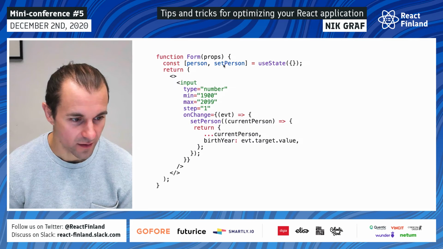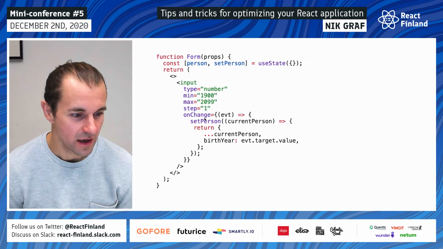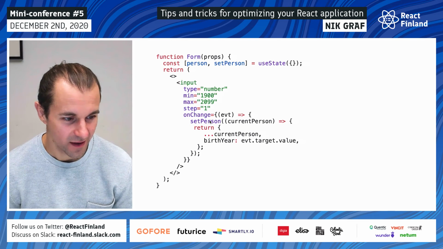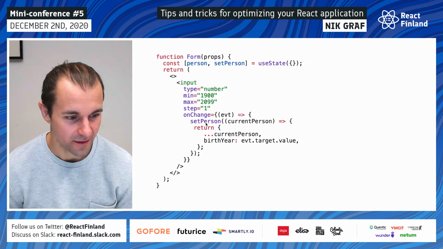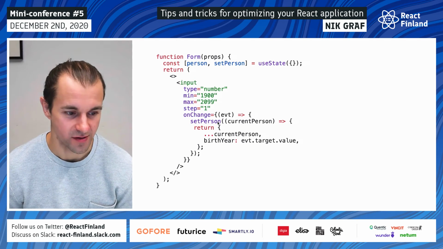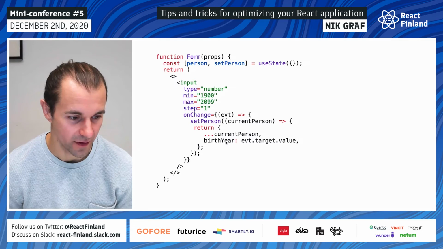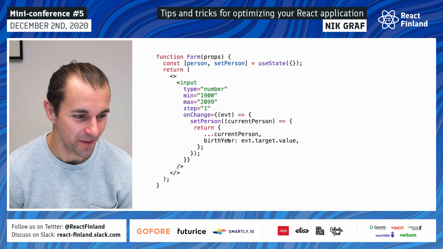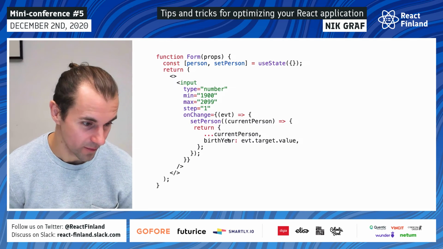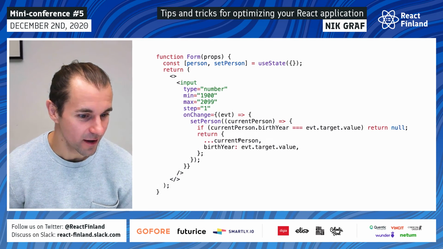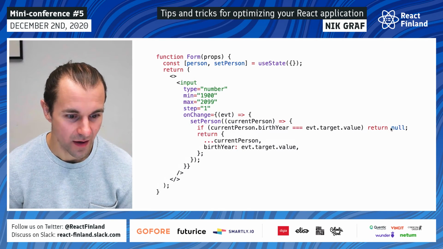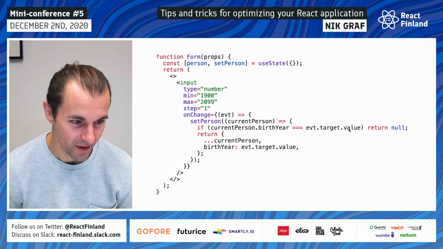With useState, you have the setter function, and every time this birth year is set, you can set the person to update the birth year. But there's a neat little trick with a setter: if you return null in a setter, it doesn't update anymore.